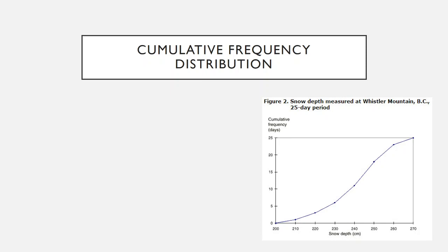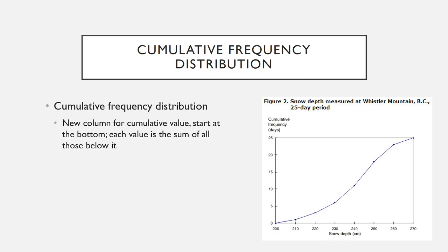Another approach for visualizing your frequency distribution based data is to create what we call a cumulative frequency distribution. This is basically when you have your column with the frequencies, whereby as you ascend numerically through the intervals, the value listed in the frequency column is the sum of all of the scores beneath it.